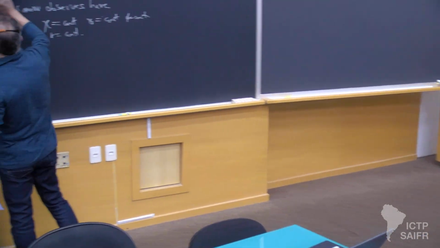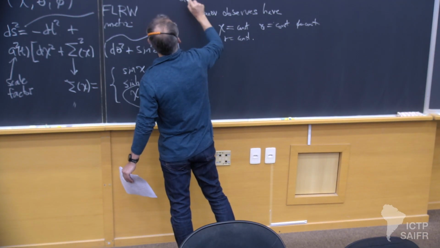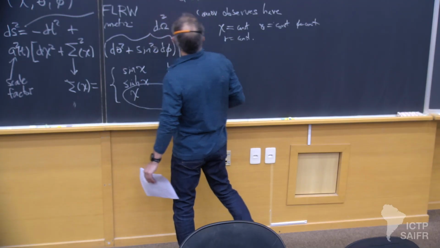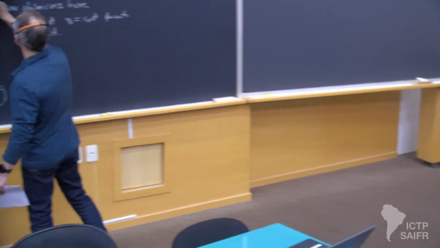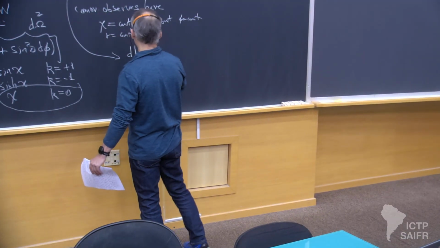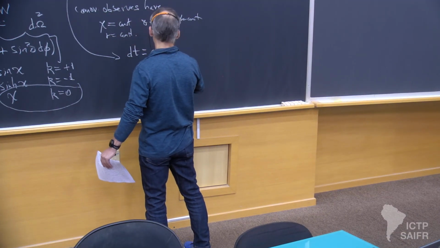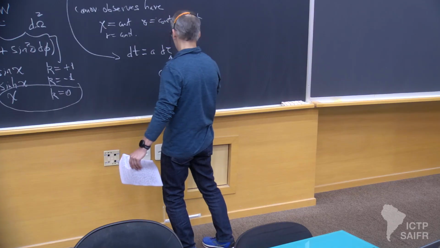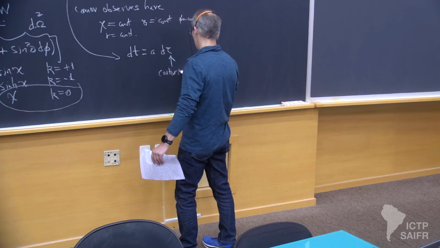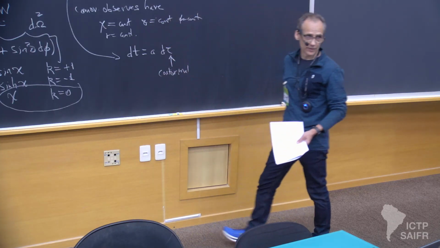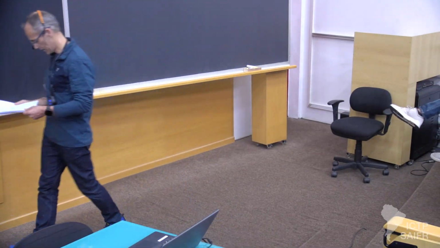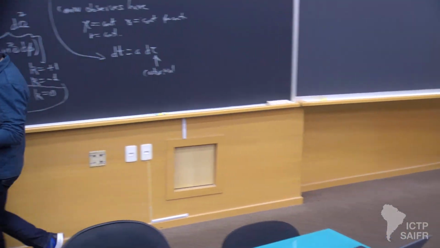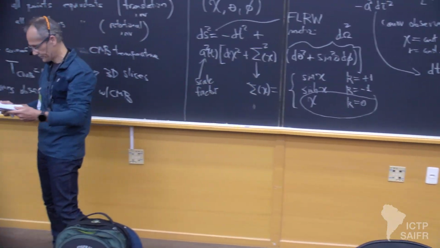We are going to define a new time variable, which is conformal time, which I'm going to call tau, so that the whole space-time interval is just an overall a squared times the metric in these conformal coordinates.